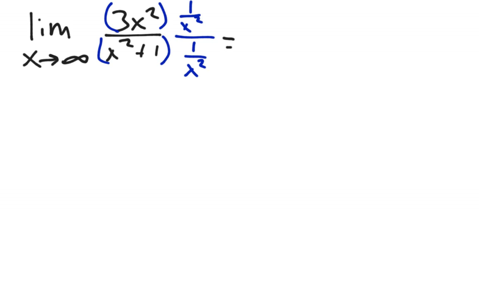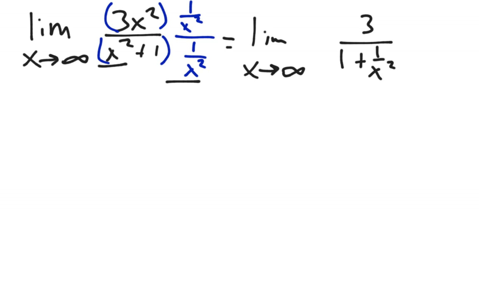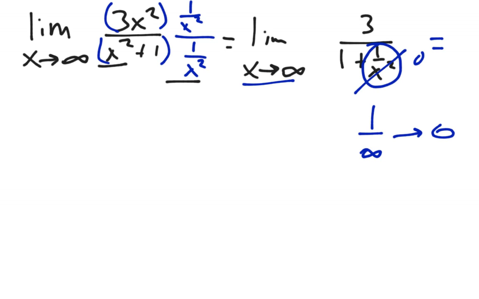When I do this, I will get the limit as x approaches infinity of 3x squared over x squared, which is just 3, divided by x squared over x squared, which is 1, plus 1 over x squared. Now I'll take the limit as x approaches infinity, and 1 over x squared, essentially 1 over infinity, goes to 0. So I get 3 over 1, which is 3.